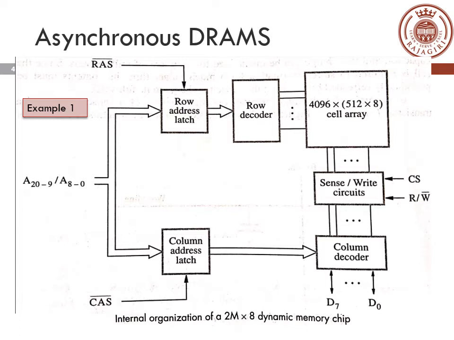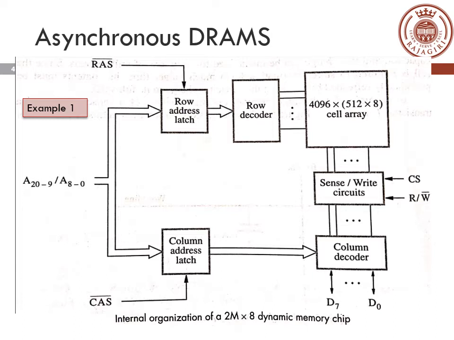You are going to have the cell array, a square structure, 4096 rows and 4096 columns. You take each row, and this row is divided into 512 groups. In each group you are going to have 8 bits, that is 1 byte of data.